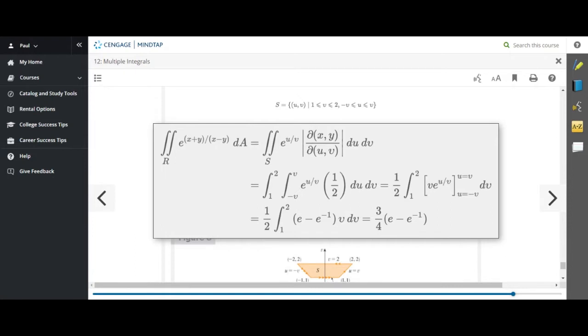But of course, to apply this technique for a double integral, and then suppose you even add a triple integral, it's quite a bit of work. But at least you have been exposed to section 12.9, change of variables in multiple integrals, and should you see this someday, you are at least familiar.